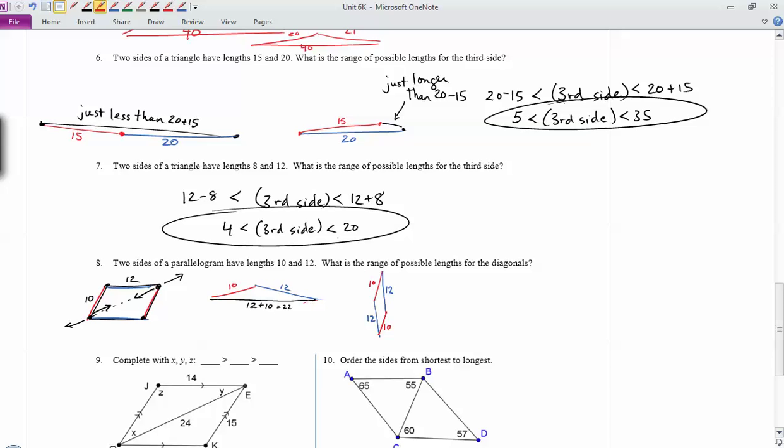And so the short diagonal goes from here to here, right there. Now if I erase the bottom, this is basically saying what's the shortest third side you can get for a triangle with sides of 10 and 12. And we learned, well, you take the difference.